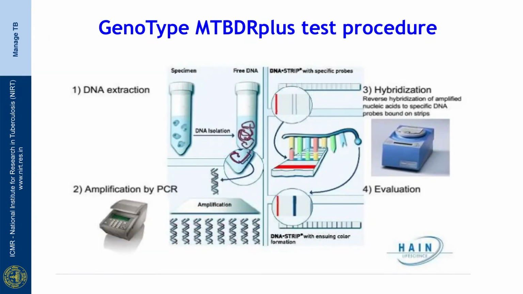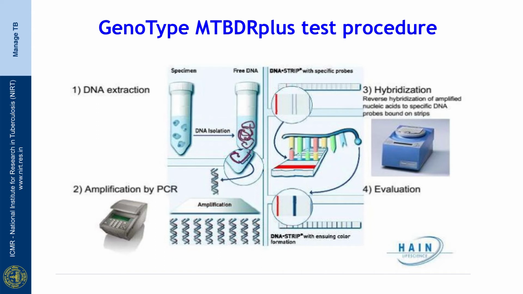This cartoon gives the overview of the GenoType MTBDRplus test procedure. So, there are 4 major steps involved here. One is the DNA extraction from the bacilli obtained from the smear positive specimens, followed by the release of the DNA from these smear specimens.